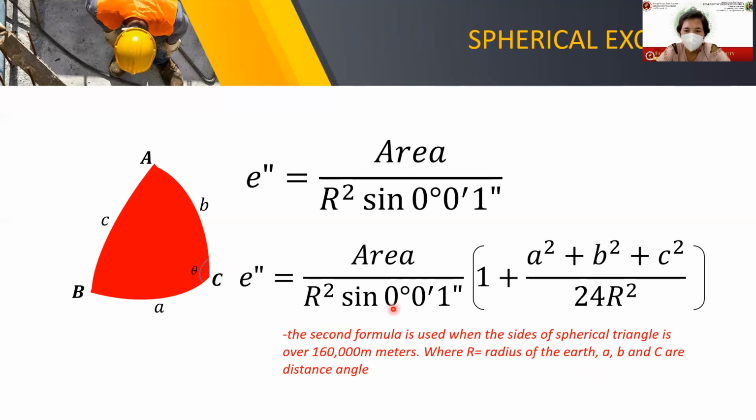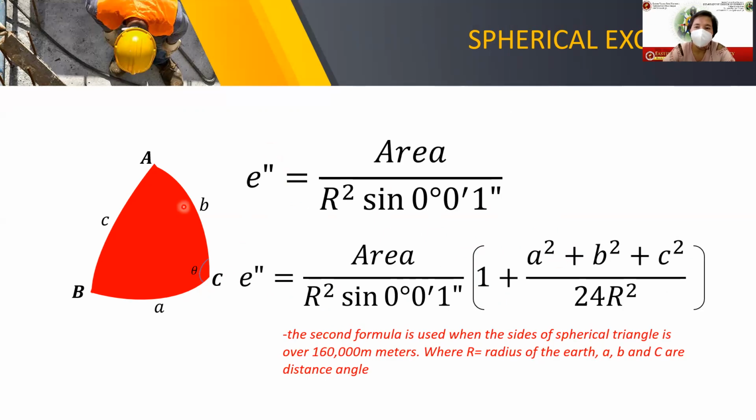So, for example, if the length of A is 180,000, then you cannot use the first formula. You are going to use this one since it is greater than the desired 160,000. Again, this R here is the radius of the Earth.